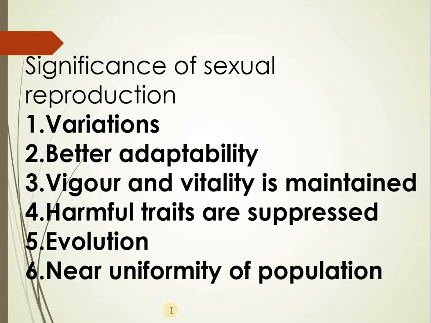Now, let us talk about some of the significances of the sexual mode of reproduction. The first significance is that a lot of variations are caused. And how are these variations caused? Because of the reshuffling of the chromosomes and crossing over, sexual reproduction brings about variation in almost all characters so that no two individuals look alike.